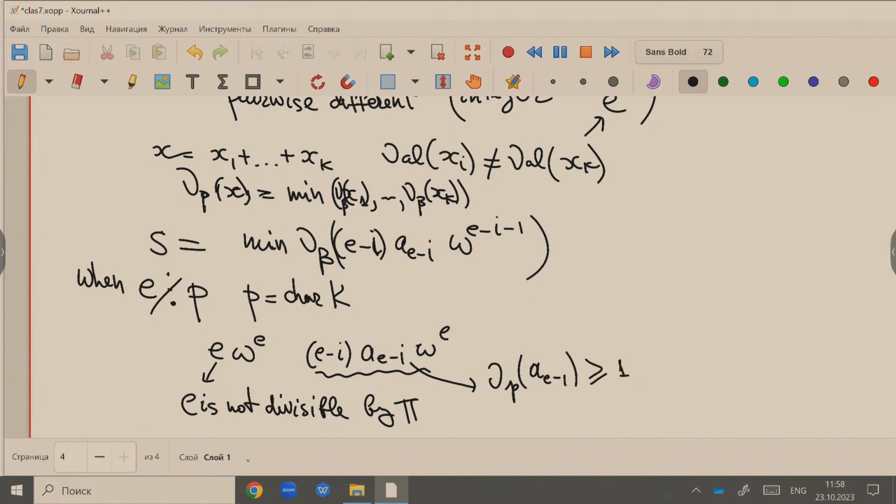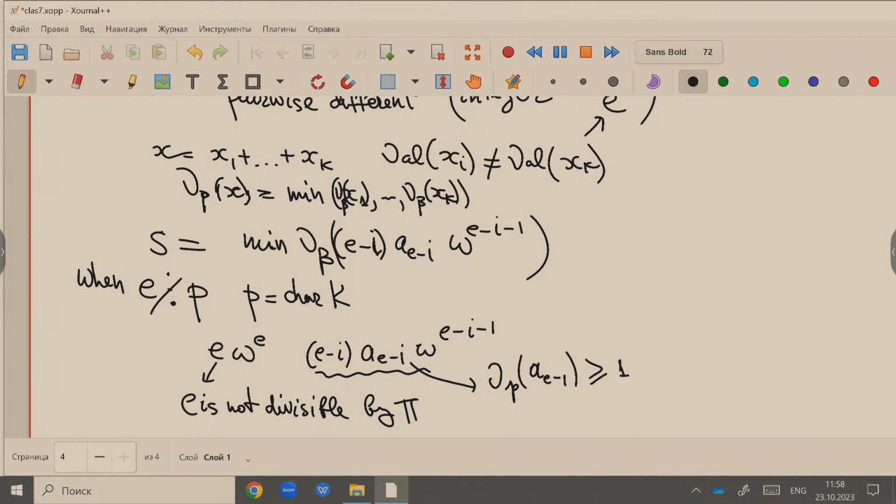And if you compare the difference of e and e minus 1, then of course the difference of this valuation and this one is smaller than 1.